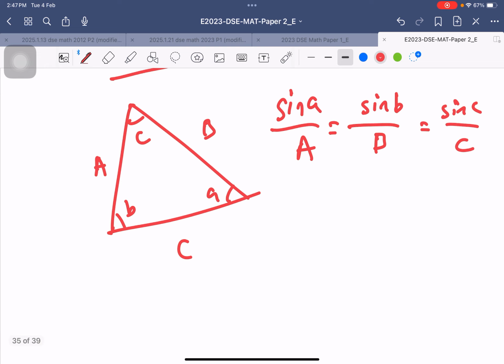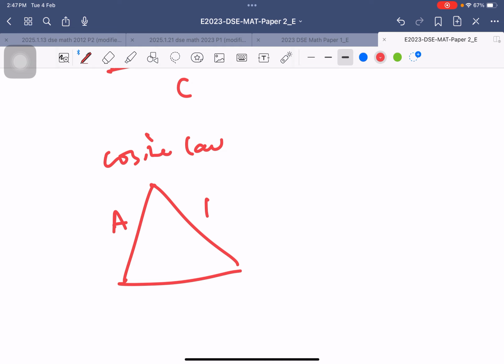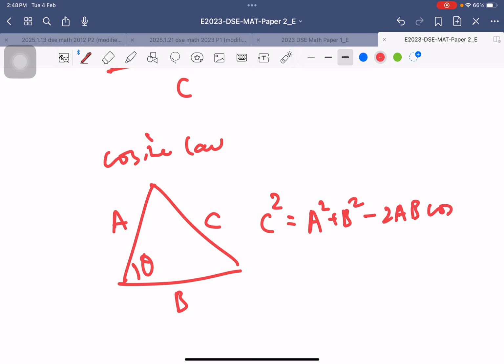And the second law is the cosine law. If you have sides a, b, c, and we have the angle theta here, then c squared is equal to a squared plus b squared minus 2ab cosine theta.